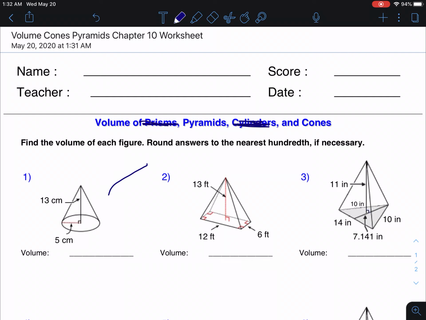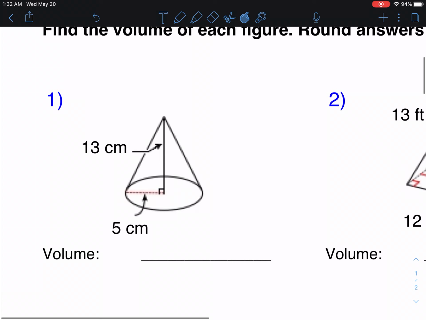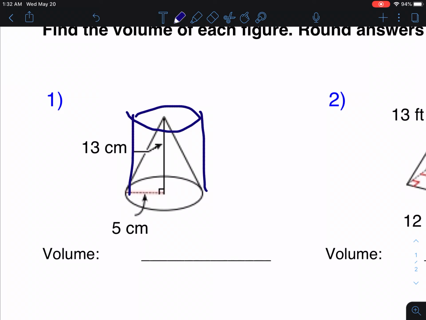So for example, if you were to take this cone and instead have a cylinder built out of it, like this, not a very well drawn cylinder there, with the same radius and everything here of 5 centimeters.